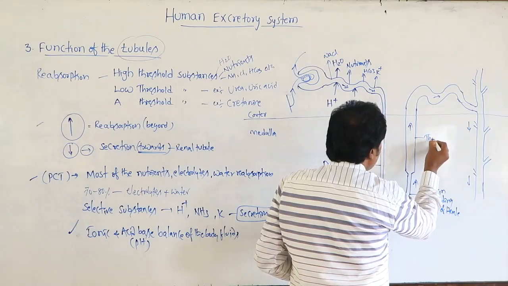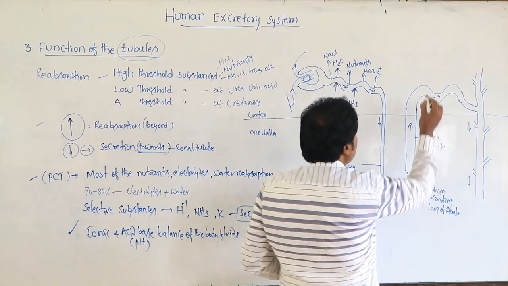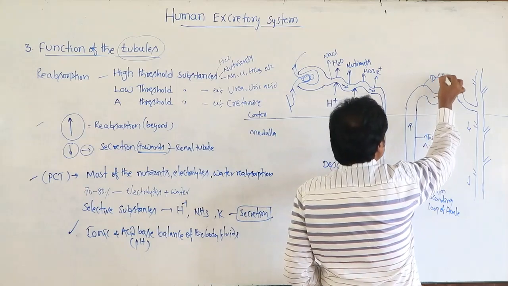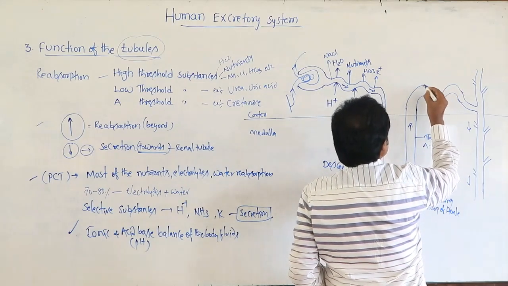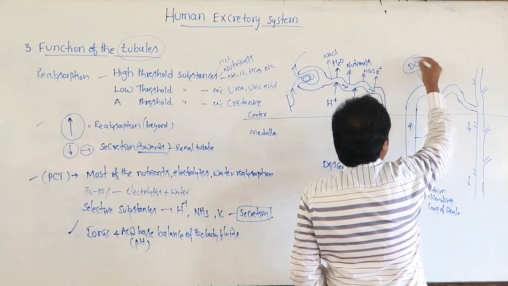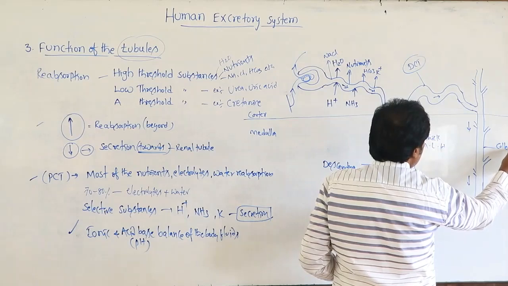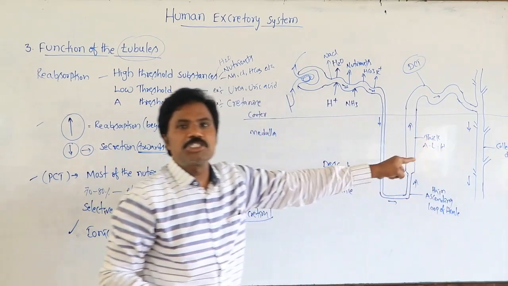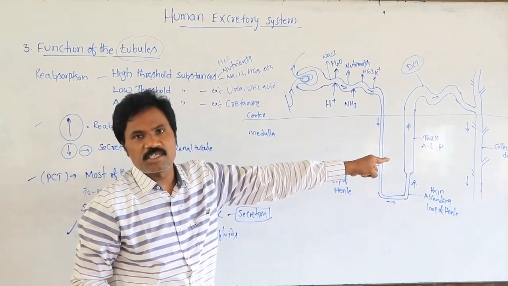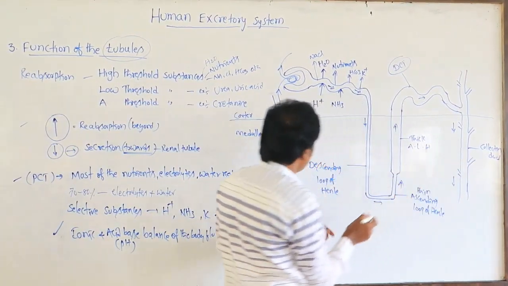This is the thick ascending loop of Henle. This is the distal convoluted tubule. This is the collecting duct or collecting tubule, CT, present like this.